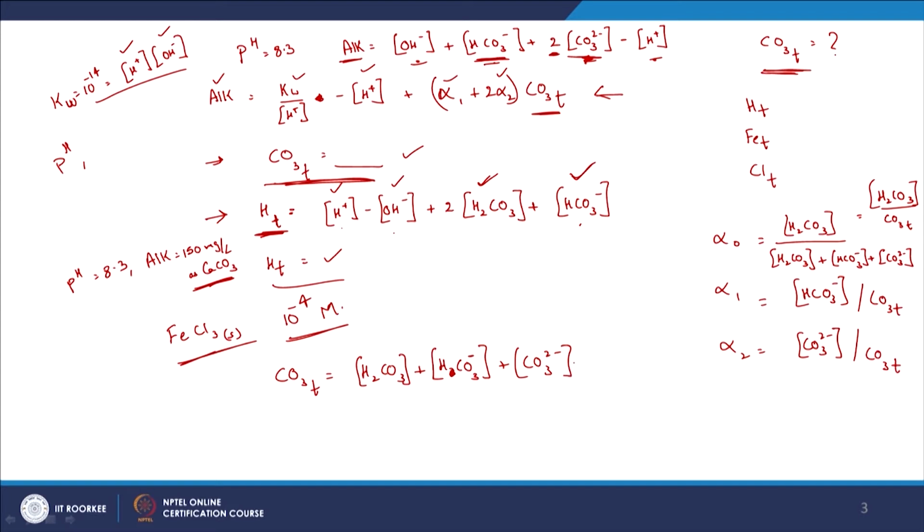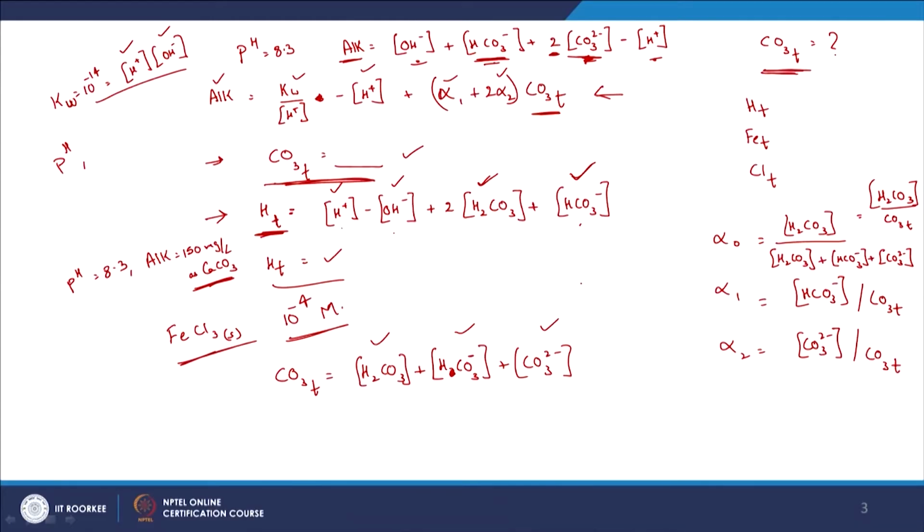This is from our background in acid base chemistry, right. Again, I am skipping writing down all the species and the relevant formation equations and the relevant tableau, but by this time you should understand that CO3 total is only present in these three conjugate acid base forms: H2CO3, HCO3 minus and CO3 2 minus, right.